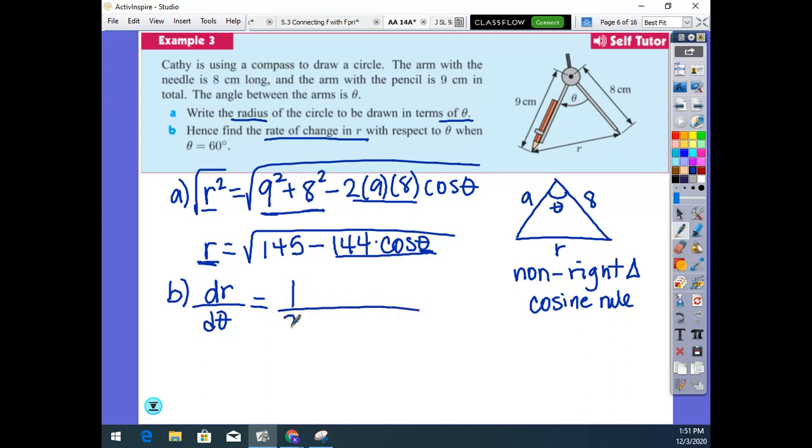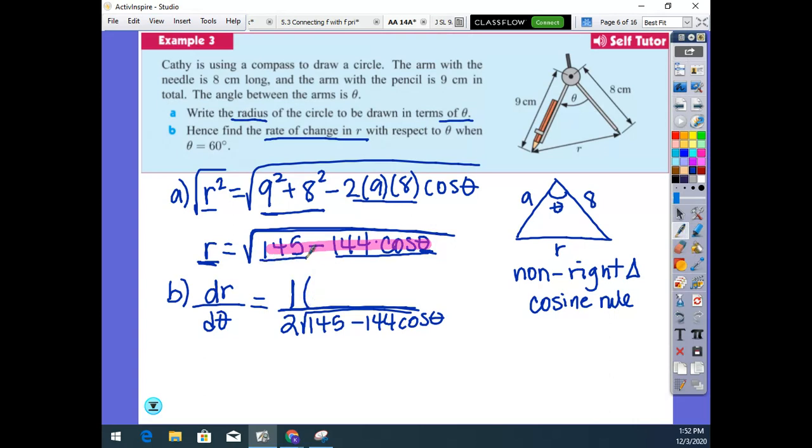So that's 1 over 2 square roots. If you need to rewrite this using the 1/2 and go through all that, go ahead and do that on the side. I just think it's so much easier if you have a square root, just 1 over 2 square roots. Now, you always have to chain on the derivative of the underneath.